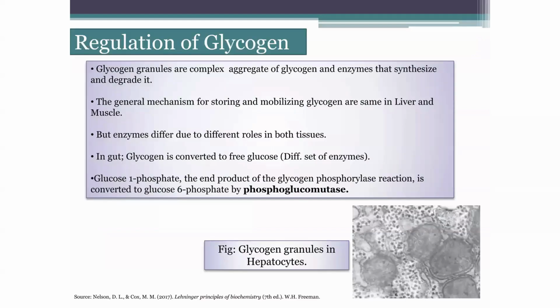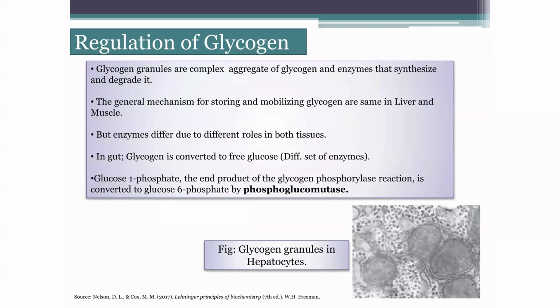So now we are going to look at the regulation of glycogen. What are glycogen granules? Glycogen granules are complexes which aggregate the glycogen and the enzymes that synthesize and degrade it.